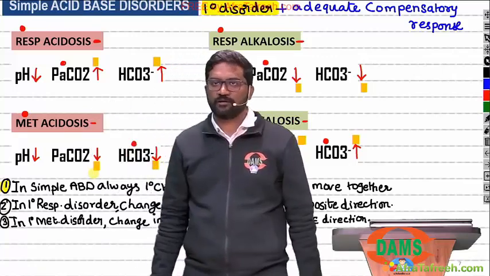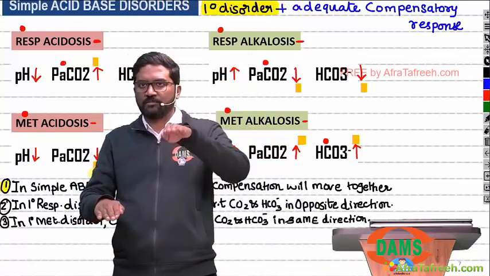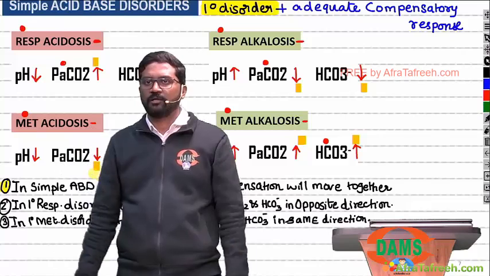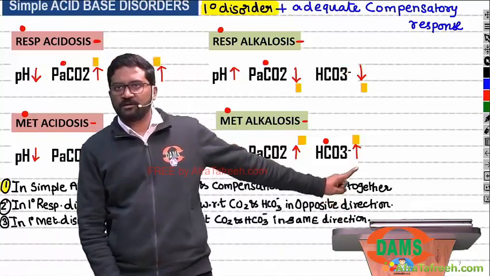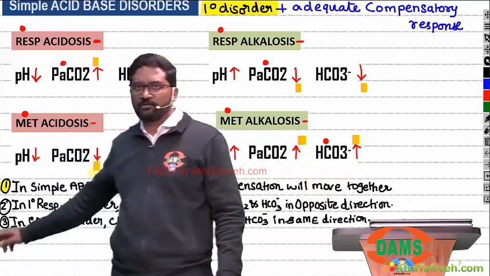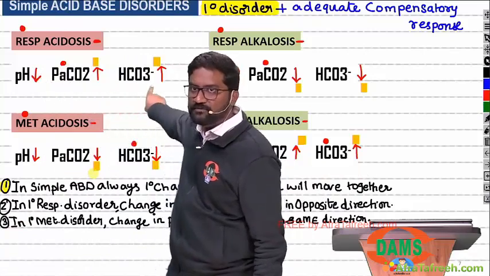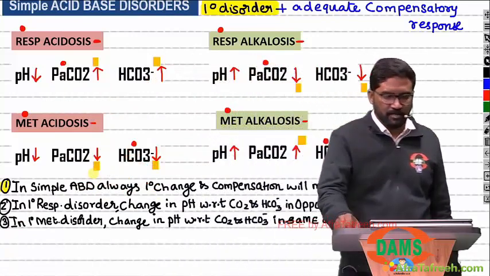In the same way, if primary change is increase in bicarbonate, compensation will also be increase in CO2, and it will be vice versa.